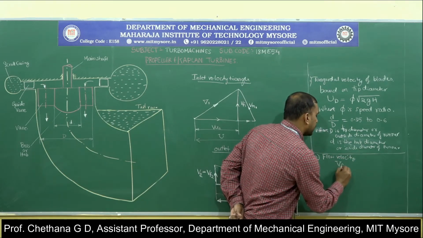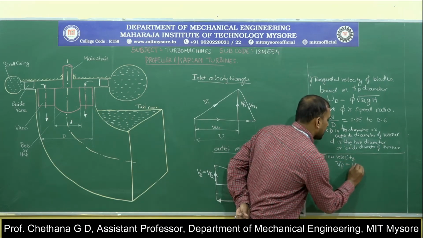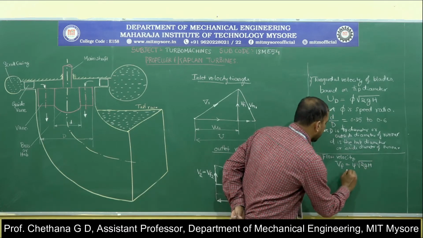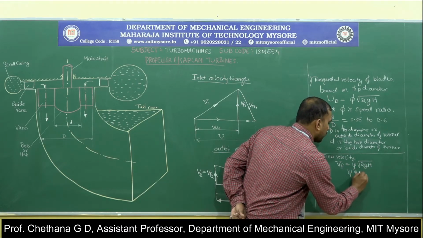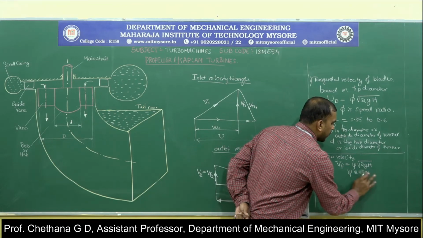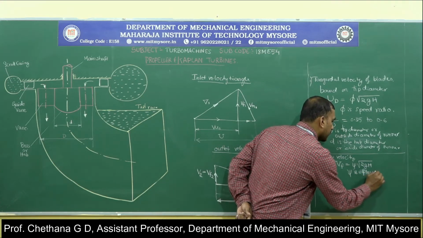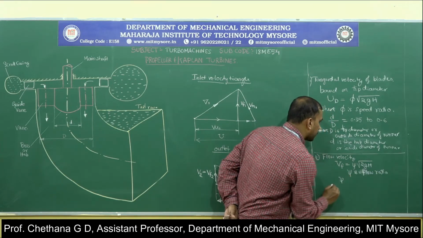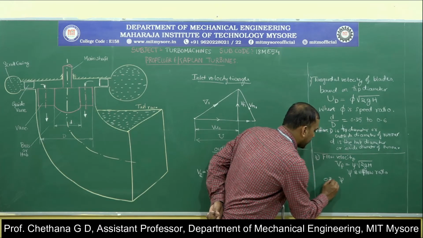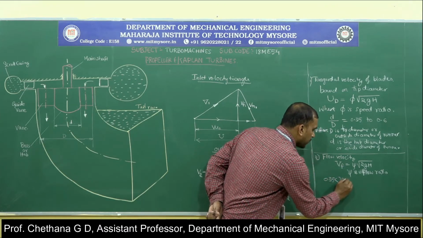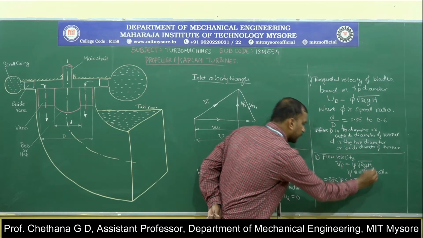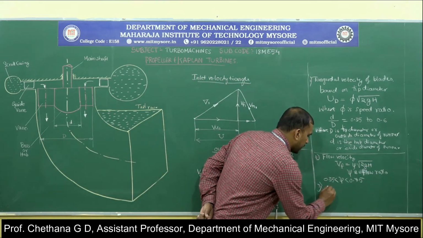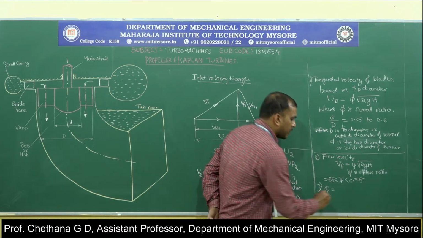Now similarly we can talk about the flow velocity. Vf is equal to psi root 2gh, where psi is the flow ratio. Now once again the value of psi will be from 0.35 to 0.75. And lastly, we already discussed this, discharge will be equal to what?